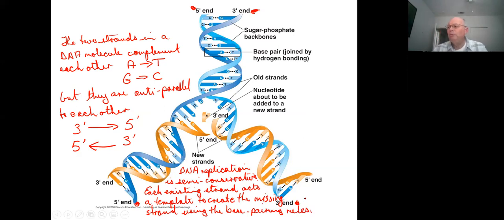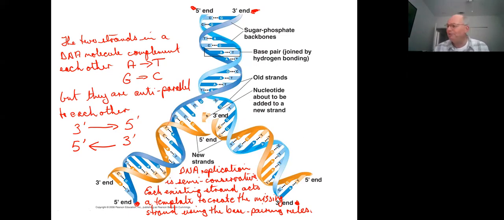So when we say that the two strands complement each other and that A complements T and G complements C, the other way of expressing this is to say that A pairs with T and G pairs with C. So these are also referred to as the base pairing rules.